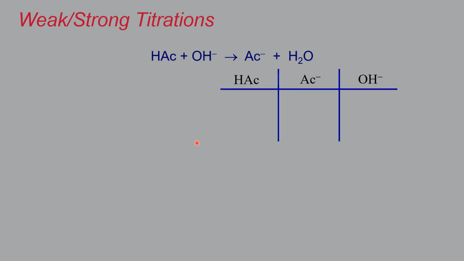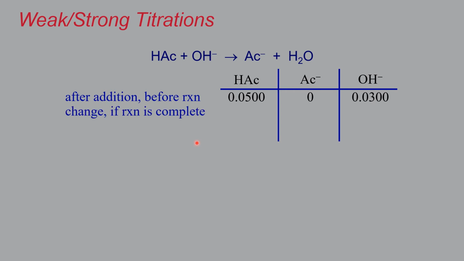And so this is going to be a reaction table. The amount of all of these species, after you've mixed them together but before they react: we've got 0.05 moles of acetic acid, no acetate, and 0.03 moles of hydroxide. The next item in this reaction table is the change, assuming complete reaction. We have way more acetic acid than hydroxide, so the hydroxide is going to run out because they react one to one.